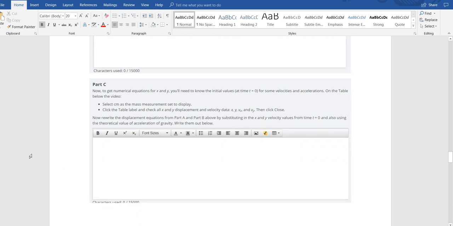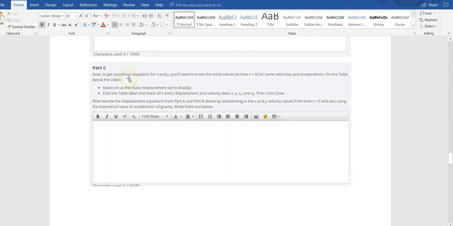Now let's go on to part C. It says to get numerical equations for x and y. You need to know the initial values at time 0, when they first left the ramp. For velocity and acceleration, in the table below the video, we want to click centimeters, and then also check off x, y, v sub x, and v sub y, and then hit close.